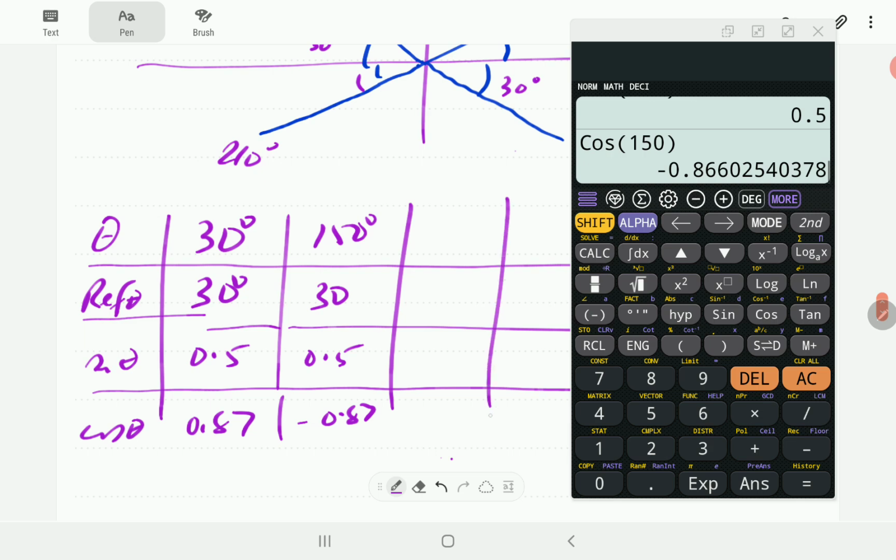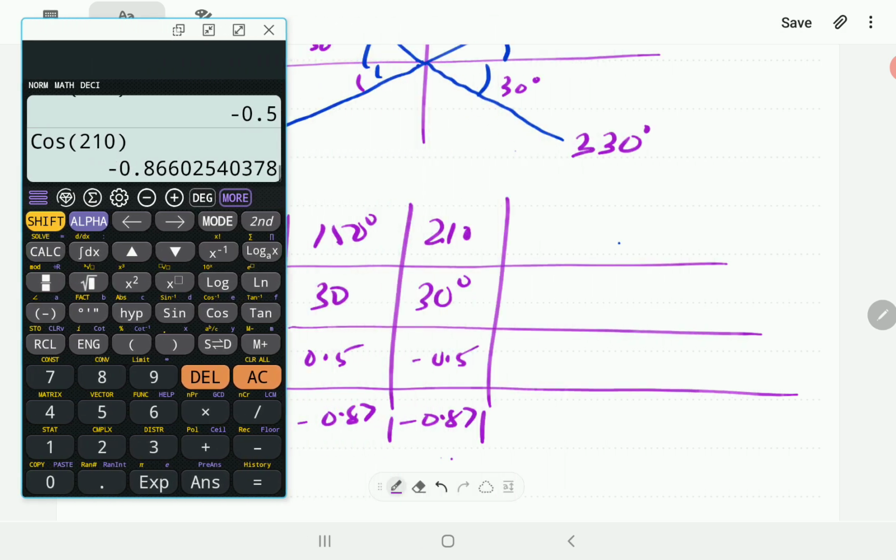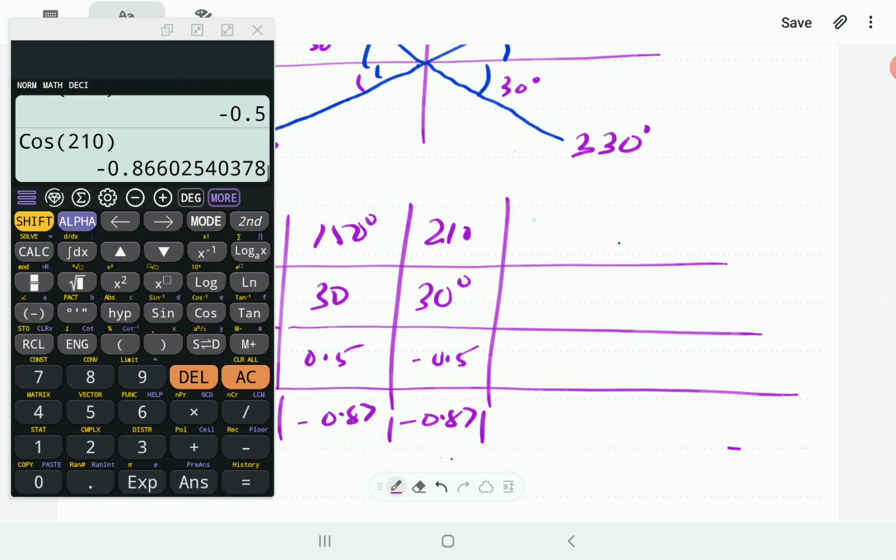Okay. Then let's go to 210. The ref again is 30. So what is sine 210? It's negative 0.5. What is cosine 210? It's negative 0.87. Then let's go to 330.